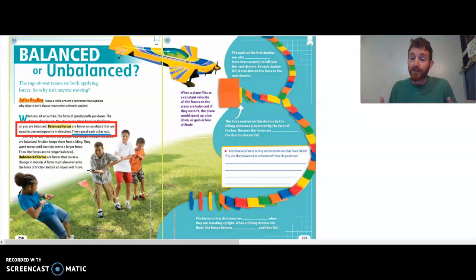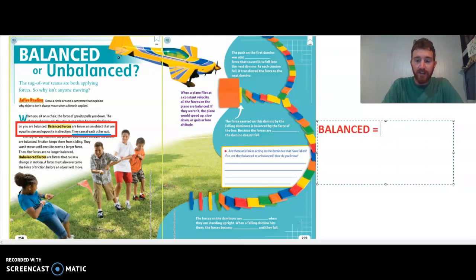So even though there might be lots of force, like lots of strength in pushing, if they're both going in opposite directions, balanced forces would mean that the object doesn't move. Okay, so again, think about that movement. When there's balanced forces, there's no motion happening. I'm going to put little reminders over here. Balanced means no motion. So again, this is where we can have forces, but not motion, okay?